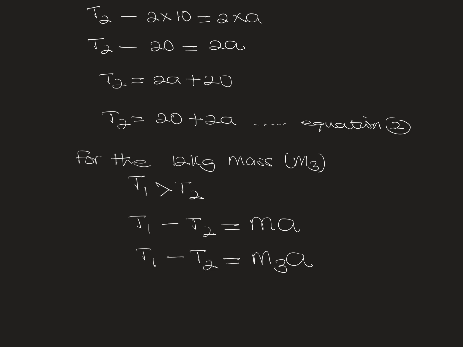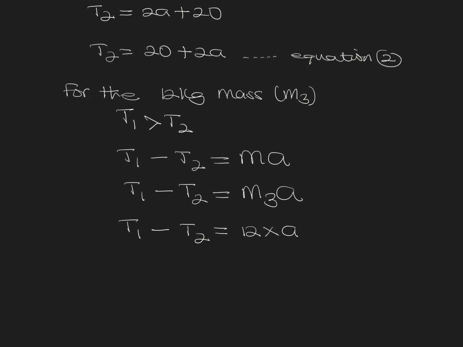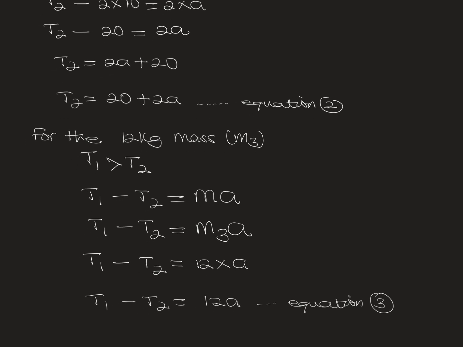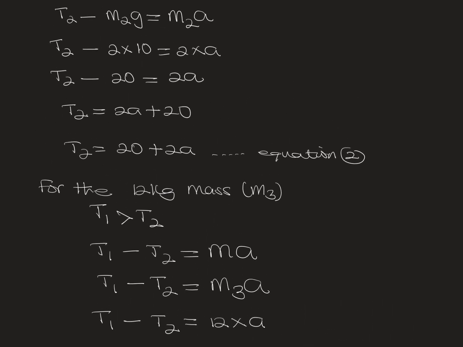Substituting the values, we have T1 minus T2 is equal to 12 multiplied by A. So T1 minus T2 is equal to 12A. We can call this equation 3.